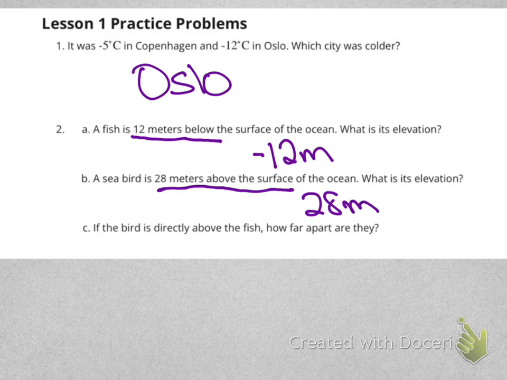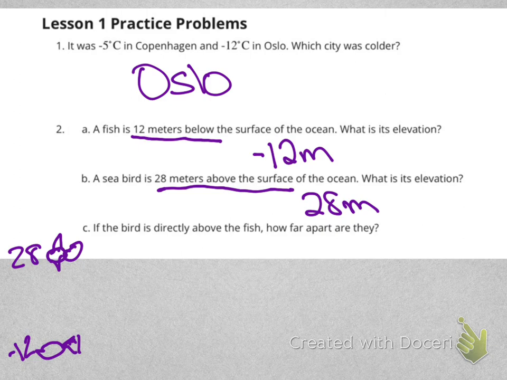Alright. Then part C says if the bird is directly above the fish, how far apart are they? So, say our seabird is here. This is a really bad seabird. And our fish is down here. Okay, so he's at 28. He's at negative 12.